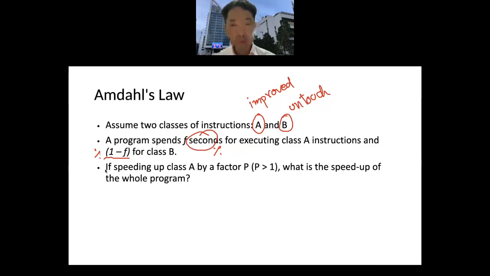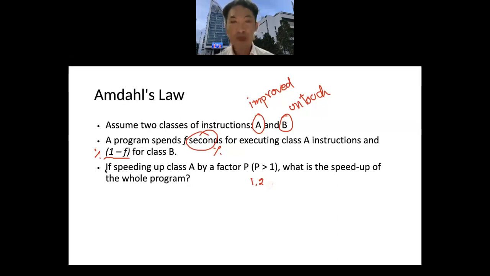We can calculate the speedup of the whole system from the improvement of class A. Let's say we have the improvement of class A by factor P, and P is greater than 1. For example, if class A is 20% better than the previous version, that means P is 1.2. And the question is, if we improve class A by 20%, what is the overall performance of the system?